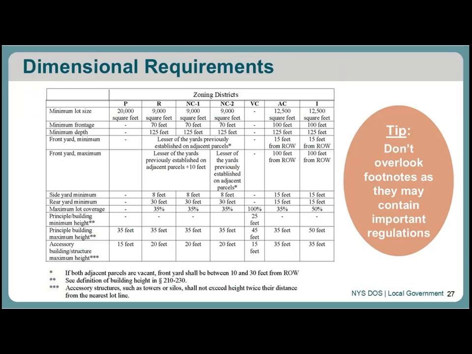There's minimum and maximum front yard setbacks. There's, in some zones, some minimum and maximum height. So in some zones, they were concerned about character, so they wanted minimum heights. They cover accessory buildings on the last line of this table. So this is a pretty comprehensive table as an example.